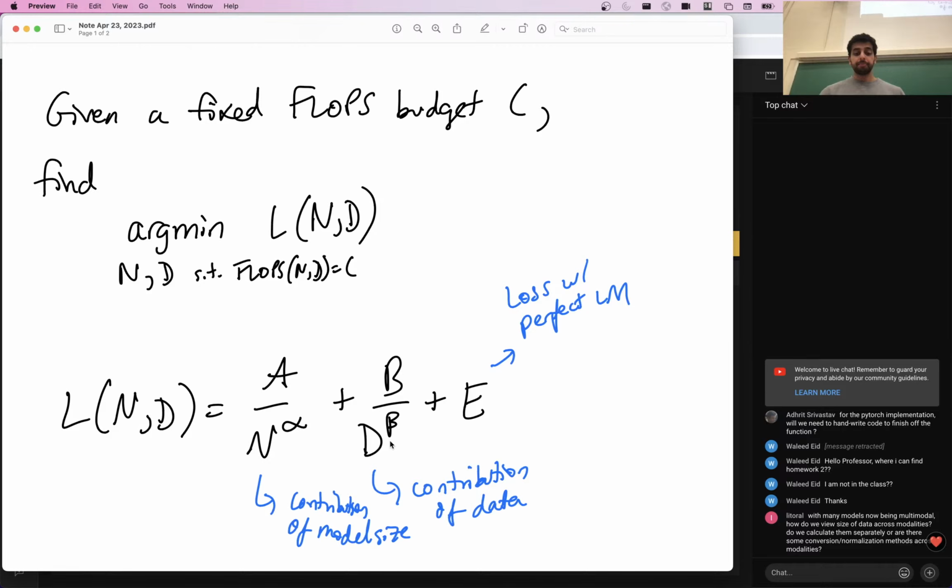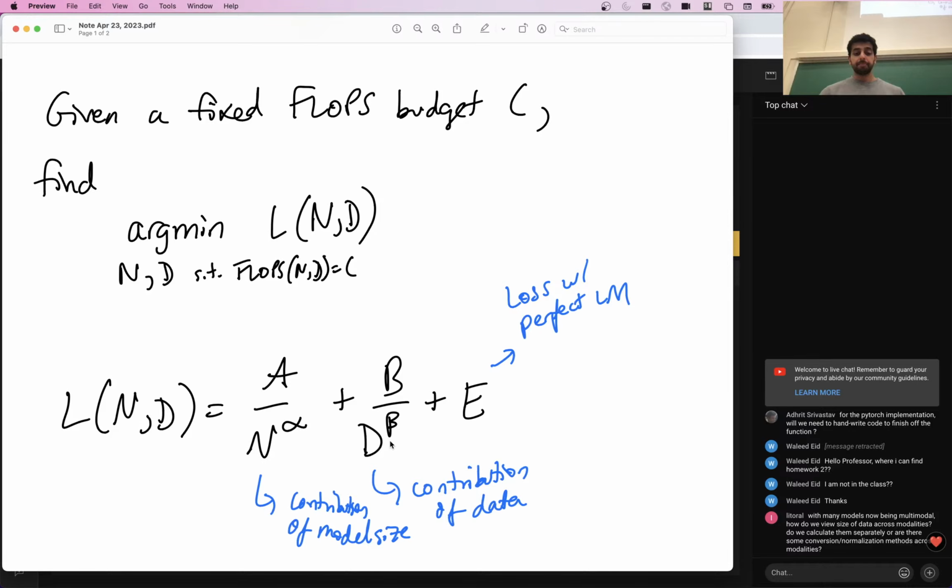And the first term is the same thing except for the model size. Again, this E term is basically imagining we have an infinitely large model that's not bottlenecked at all by the parameter count. But in practice, we're always bottlenecked by parameter count, based on how much memory we have on our GPUs, et cetera.